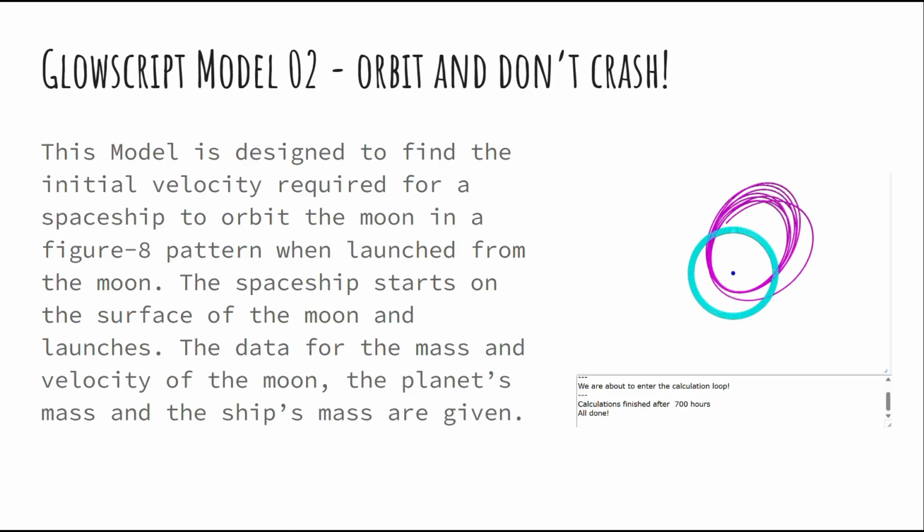The planet's mass and ship's mass are given, and the Moon's mass, and it would require trial and error in order to find the right velocity that allows for this type of figure 8 orbit after 700 hours.